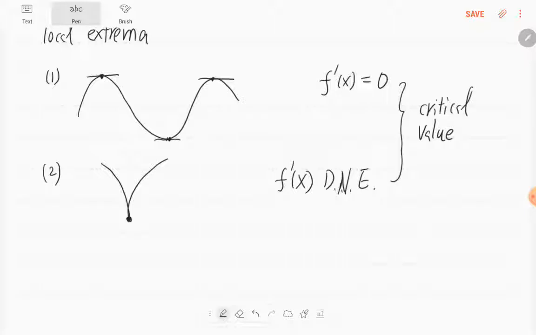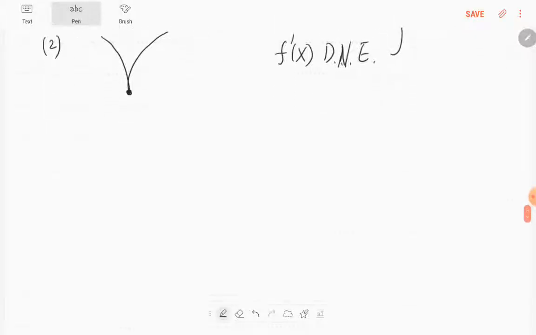Then you will find the absolute maximum and absolute minimum quickly. The next theorem tells you this information.